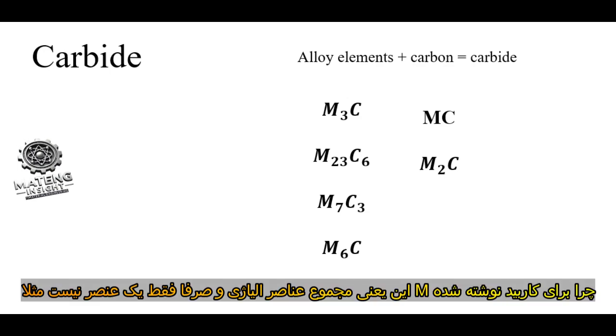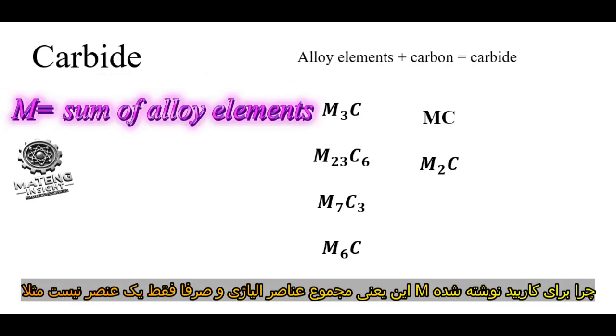And if the radius is large, MC and M2C will be created. What is the meaning of M? M means it could be the sum of alloy elements and not just one element.